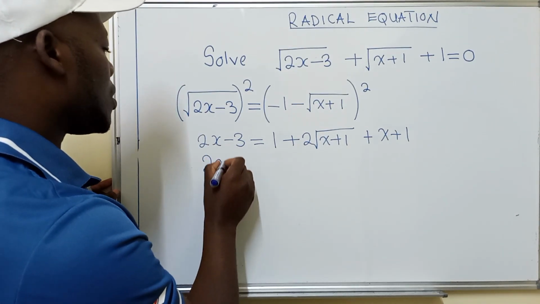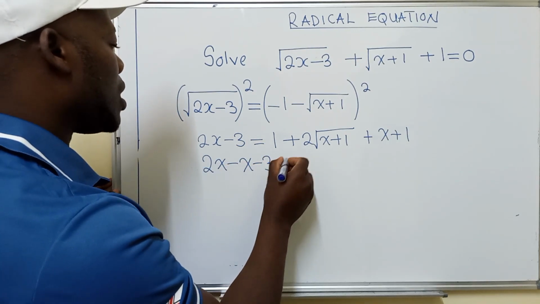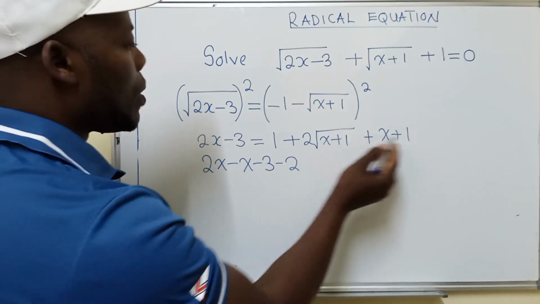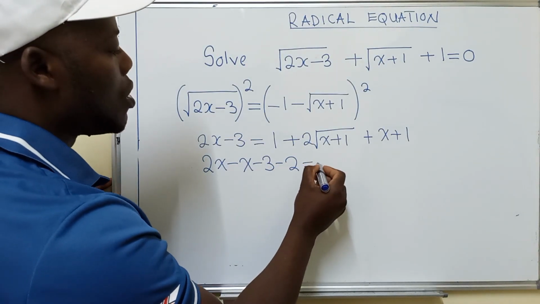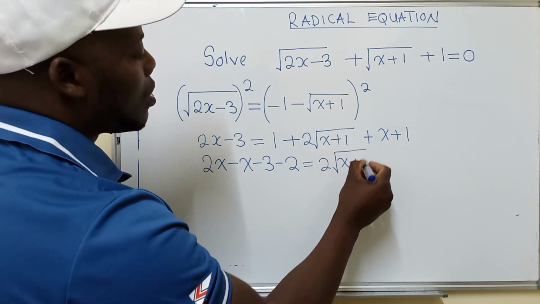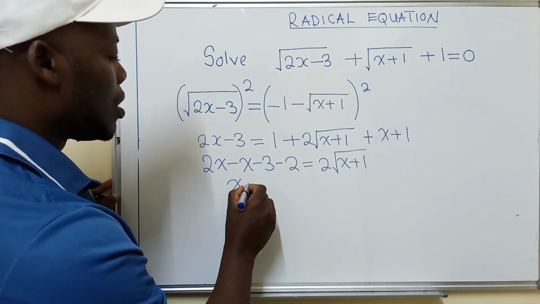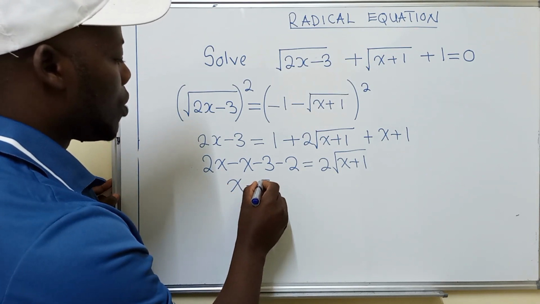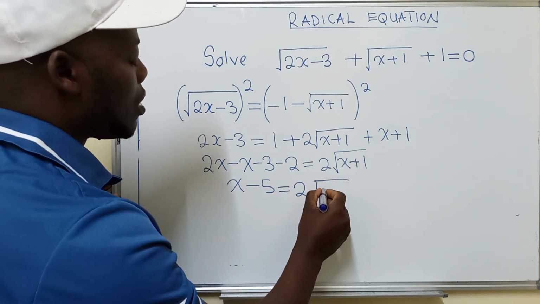So we shall have 2x minus x minus 3 minus 2. This 1 plus 1 is equal to 2, and you bring it this side, you have a minus 2, which is equal to 2 root of x plus 1. Okay, so here we shall have x minus 5 is equal to this right here.